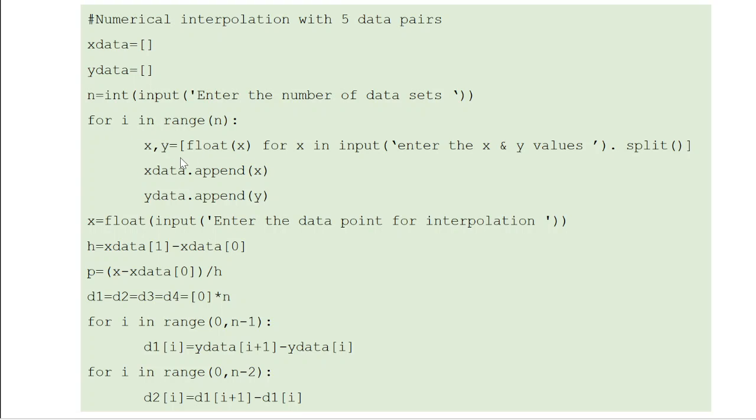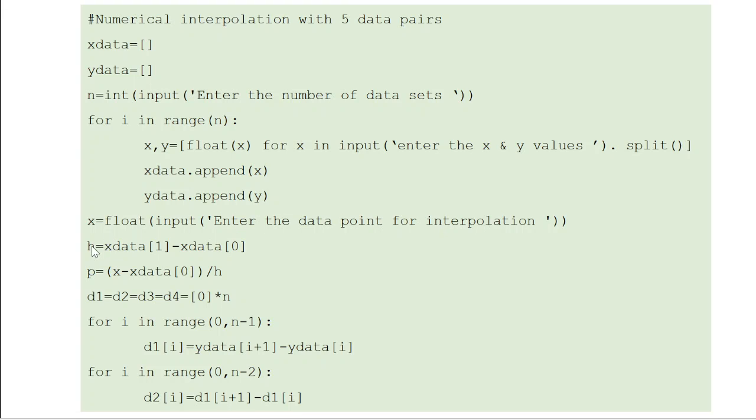I am going to use the split function so that I can input x and y simultaneously. As and when I input x and y, I am going to append it to the existing list. So I have x and y columns ready. Now I need to input the x value at which I want to do interpolation. So x equal to float, input, enter the data point for interpolation.